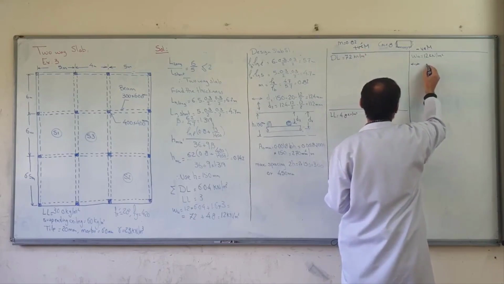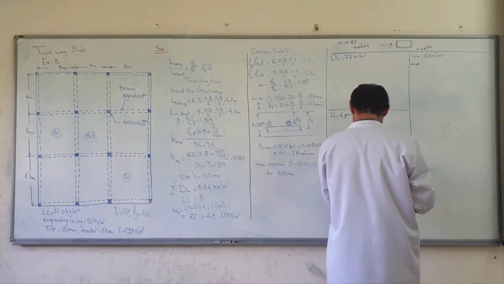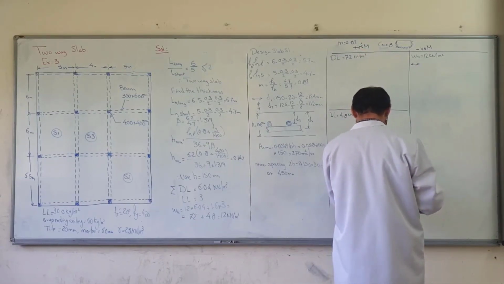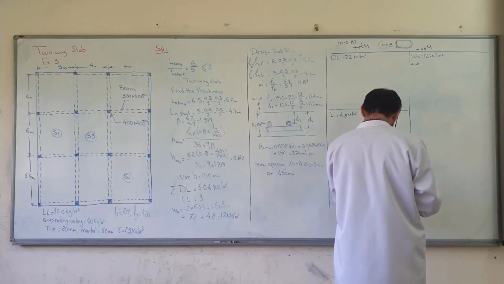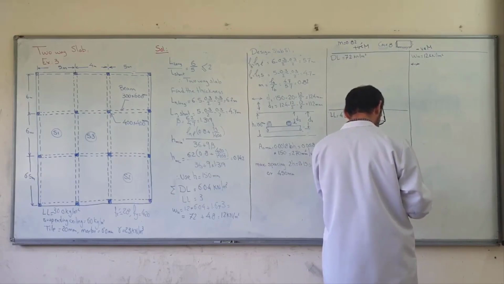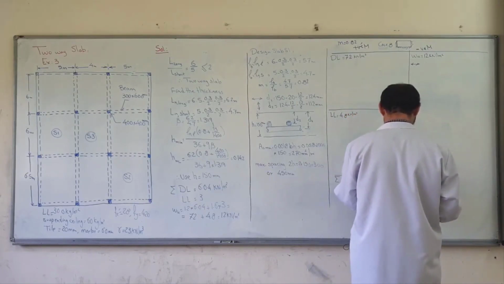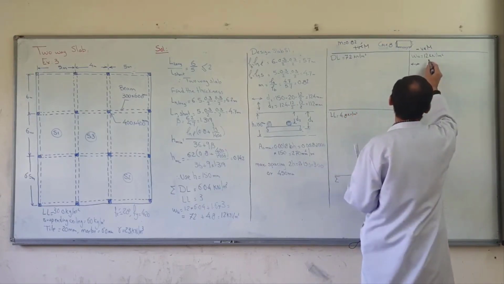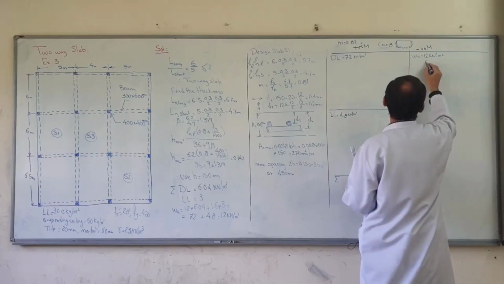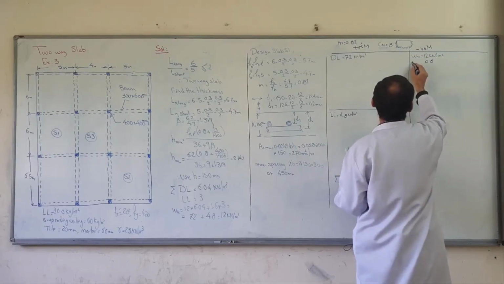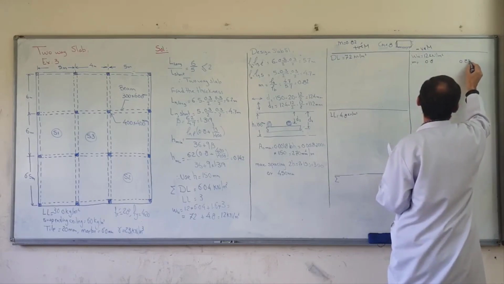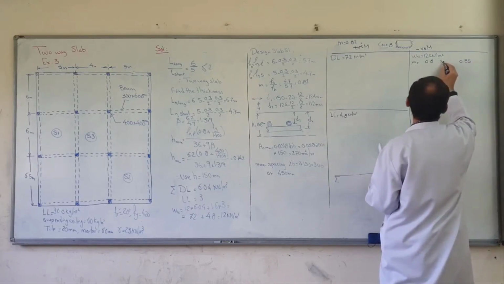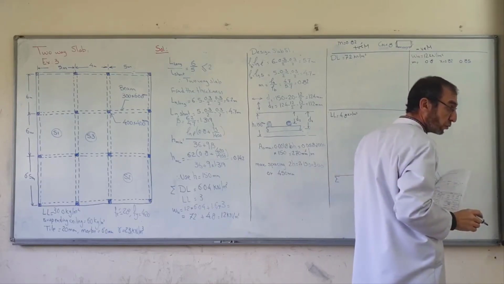We have a factor for 0.8, or 0.85, and we have x equal to 0.82.